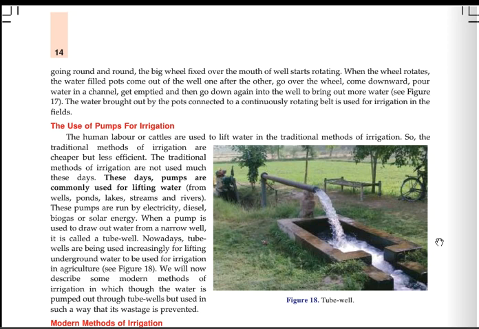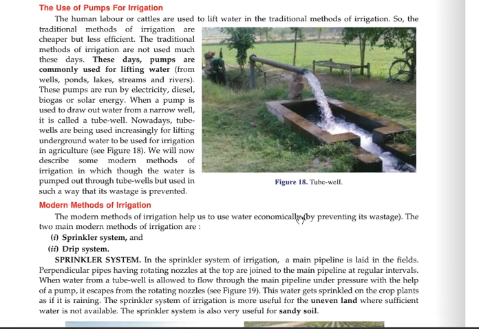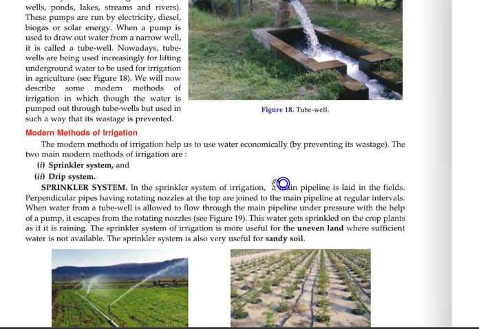But now, in modern days, we adopt some modern methods which are used to irrigate a larger area of land in lesser time, and they are also economically beneficial for irrigation.